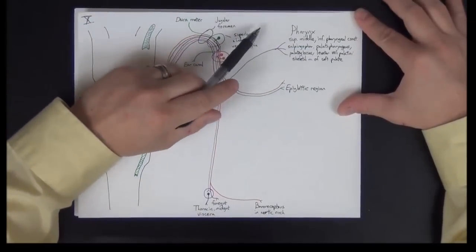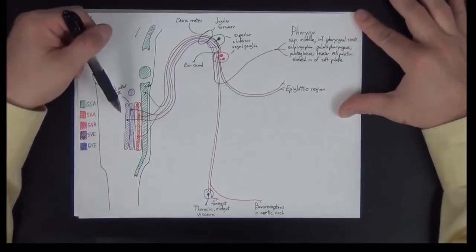So pretty much all the palate and all the pharynx except the stylopharyngeus is innervated by cranial nerve 10.